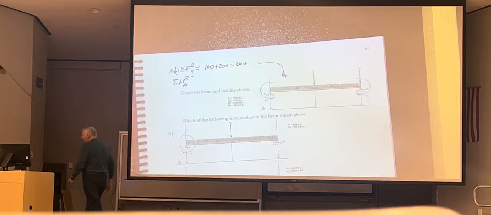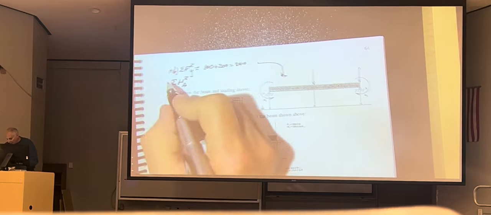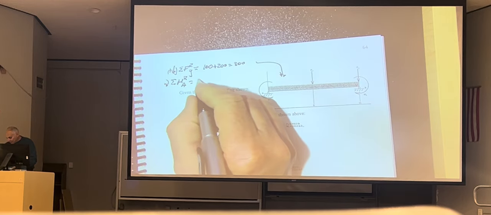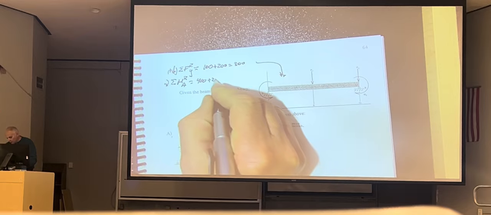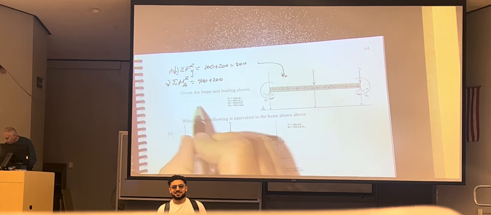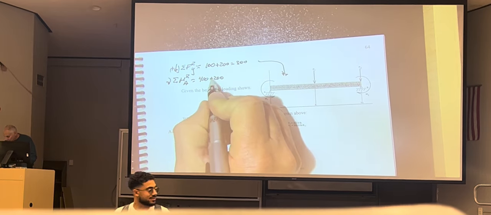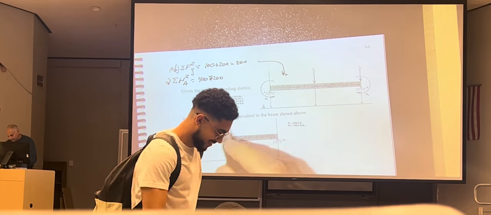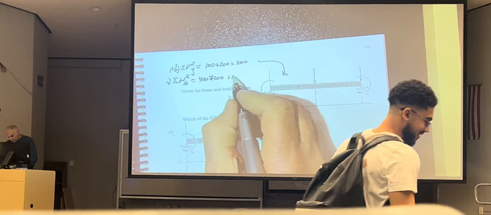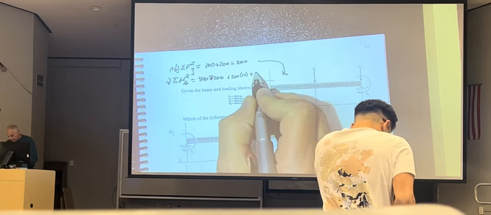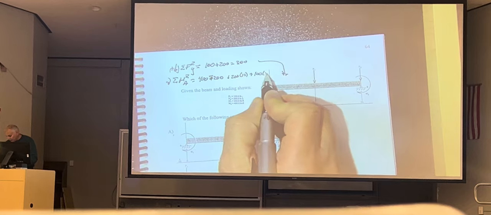Sum of moments about A resultant, and I'm going to take clockwise positive. This is 400 plus 200. M2 is 400 minus 200, because this is clockwise, this is counterclockwise, plus 200 times 10, plus 100 times 5.